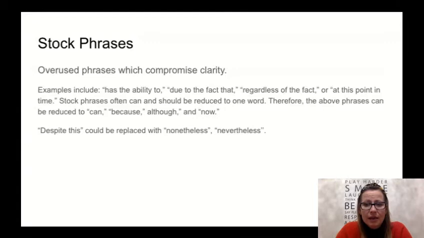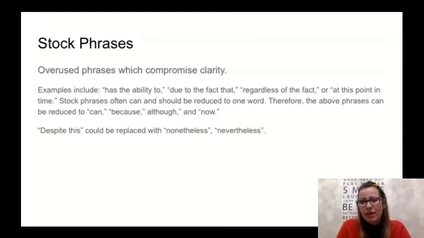All of these word phrases can be reduced down to single words. So can, because, because, although it still has the same meaning. So your clarity isn't compromised by changing some of these words. But in fact, you've now saved a number of different words, which, if you've got to save a few hundred words, is something to be considering.